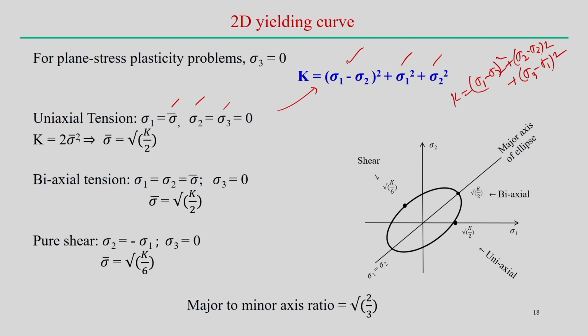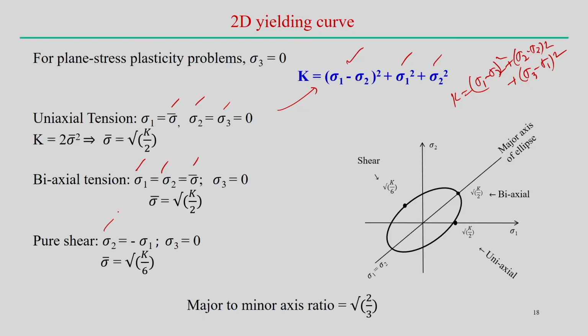Now, if we consider biaxial tension, the principal stresses are the same, sigma 1 equals sigma 2 equals sigma bar, and sigma 3 equals 0. If we put this in, we reach the same value, sigma bar equal to root over k by 2. But in the case of pure shear, suppose we are running an experiment following the simple shear condition, where shearing happens.